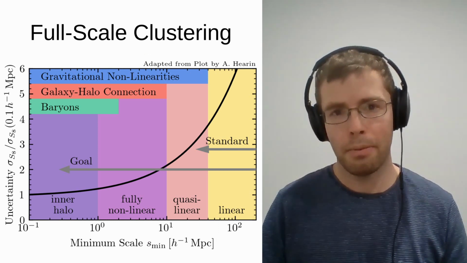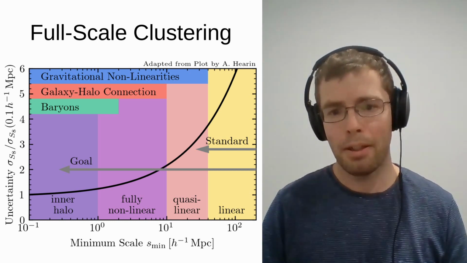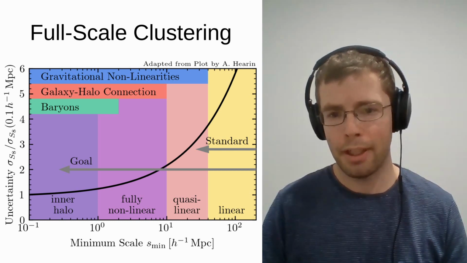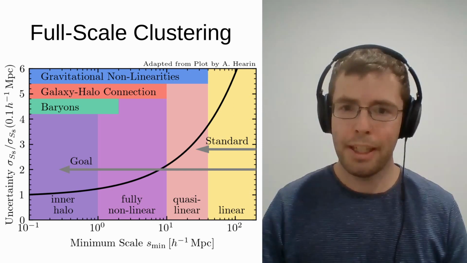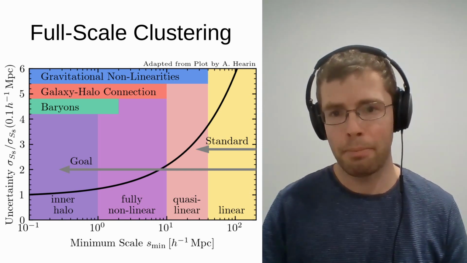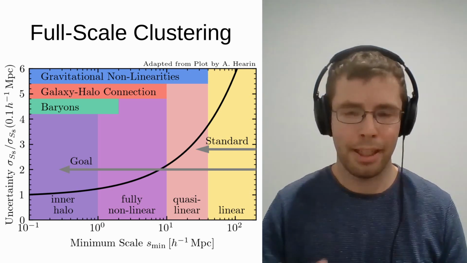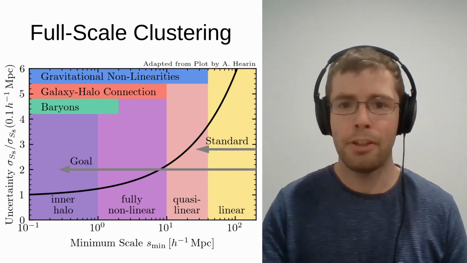So typically, when we analyze the clustering of galaxies and matter, we would concentrate on the distribution on fairly large scales, scales of tens of megaparsec or larger. On those scales, the matter distribution can be very accurately predicted from perturbation theory, and also the relationship between the galaxies that we observe and the underlying matter field is fairly straightforward.